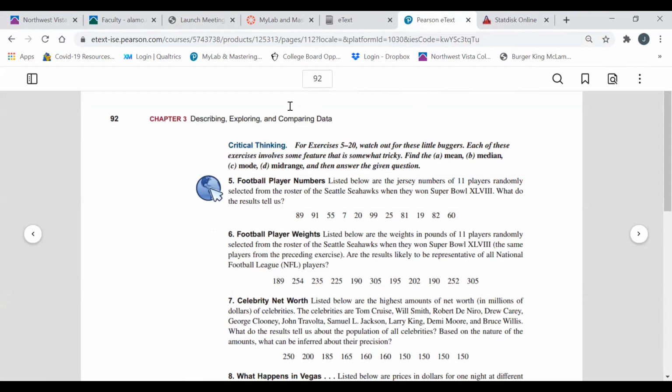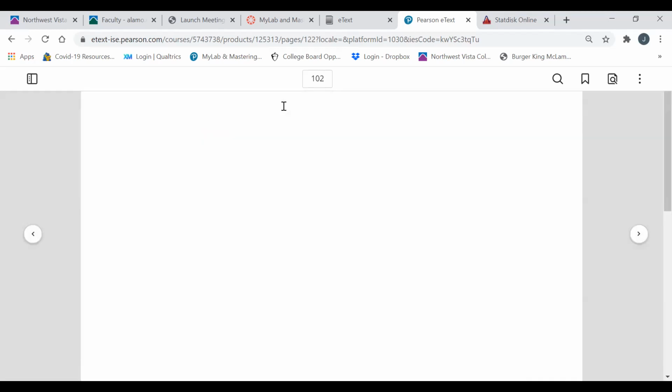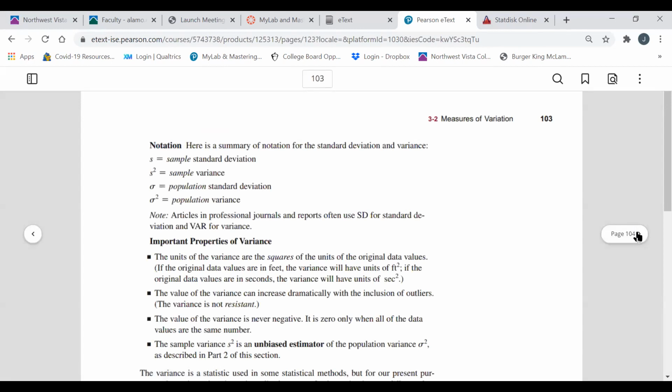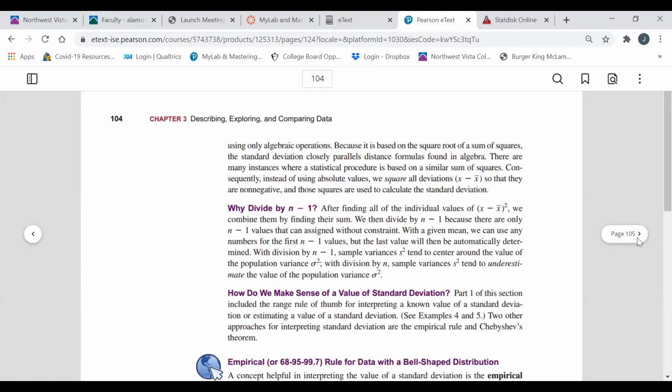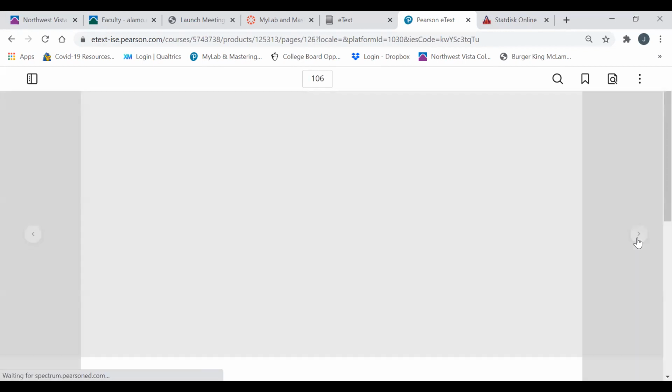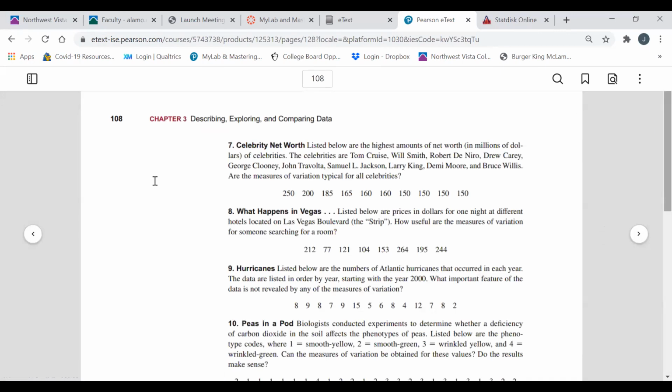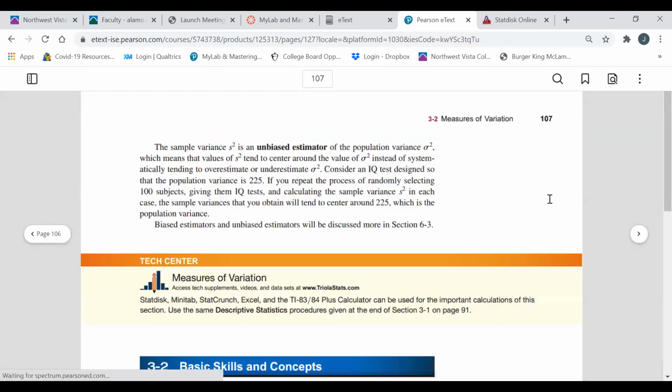If you go to page 102, look at what they say. Sorry, I was off by a few pages. There you go. Look, there's 3-2. Sorry, it was page 107.